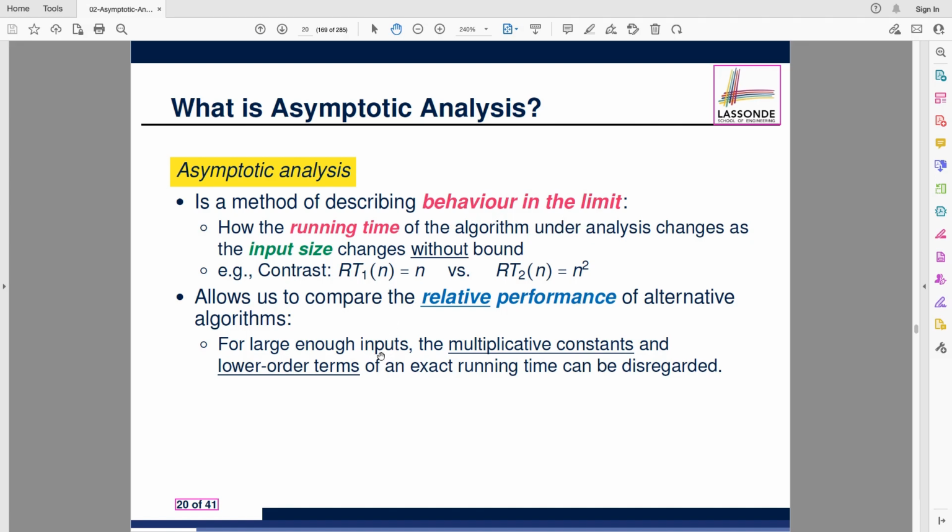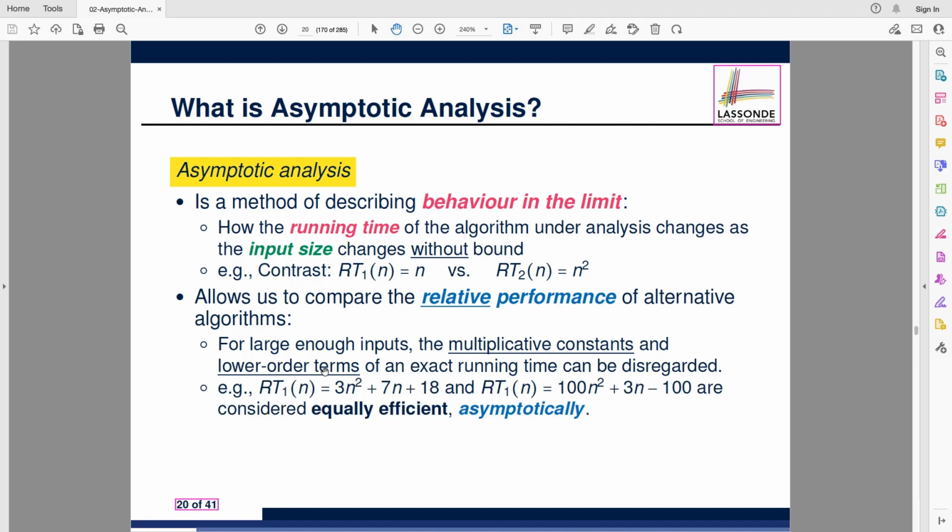Okay, so for large enough input, we can drop multiplicative constants and lower terms. And that's something we did just 10 minutes ago for that example. We can drop them. For example, over here, let's take a look. If you look at running time number 1, 3n squared plus 7n plus 18. Another one, 100n squared plus 3n minus 100. And we talk about asymptotic sense. All you have to consider will be the highest power.